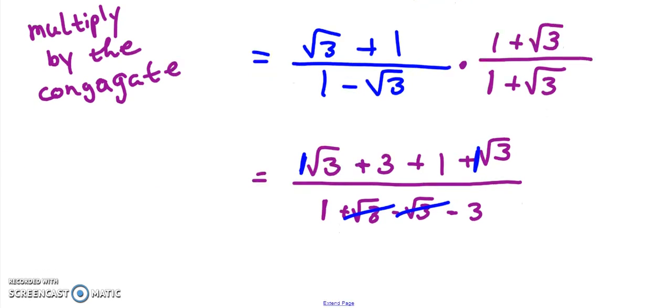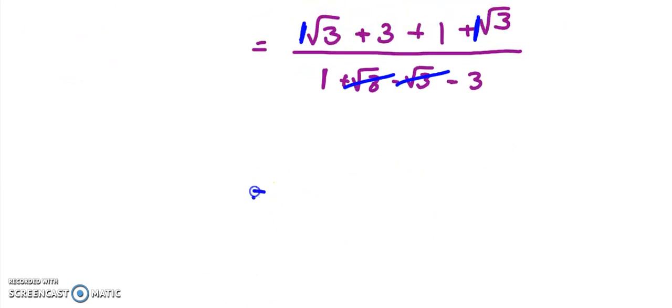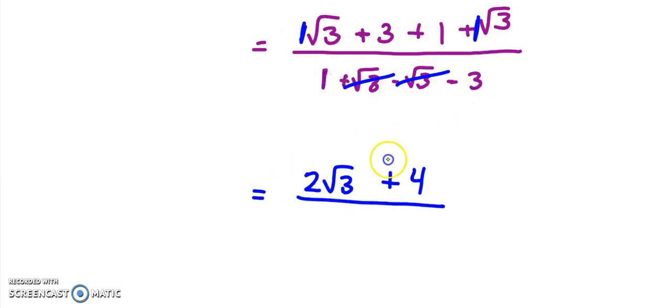So in our numerator, we get 2 square roots of 3 plus 4, because 3 plus 1 is 4, and then 1 plus 1 is 2. And then on the bottom, we have 1 minus 3, which is a negative 2.